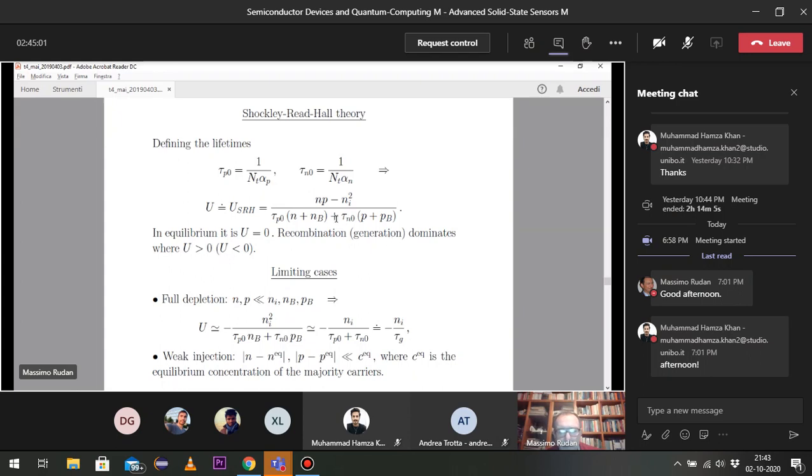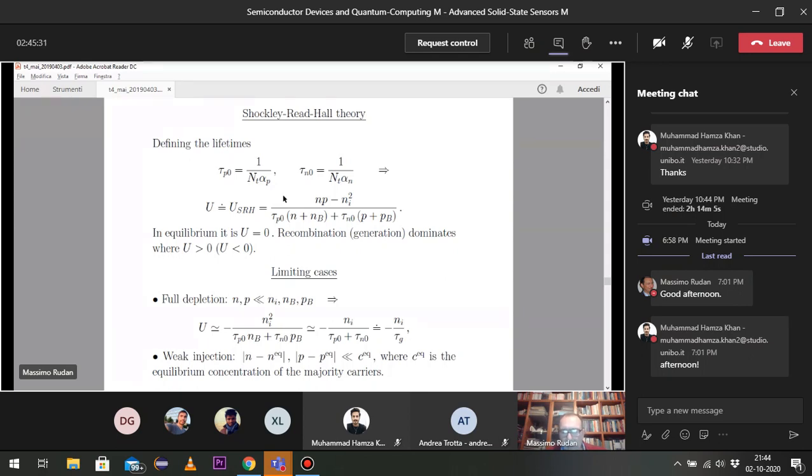At this point, you remember U is one of the terms that appears in the mathematical model of the semiconductor devices. So we shall simply use this formula for U. It depends only on N and P, so it does not introduce any additional unknown with respect to those that appear in the model.